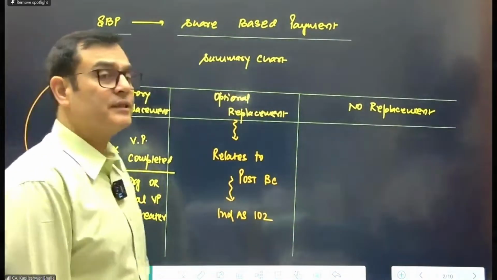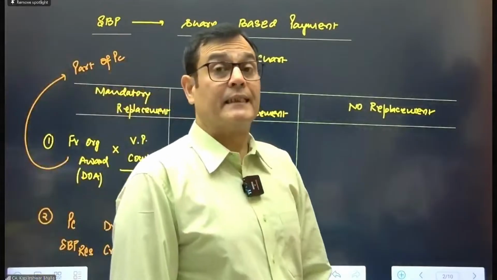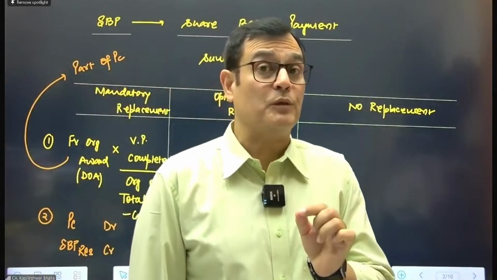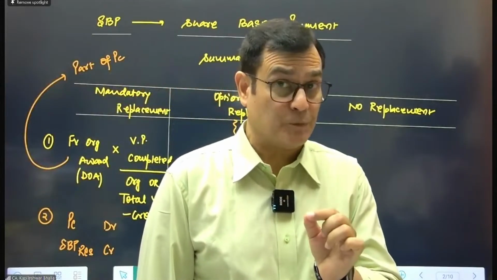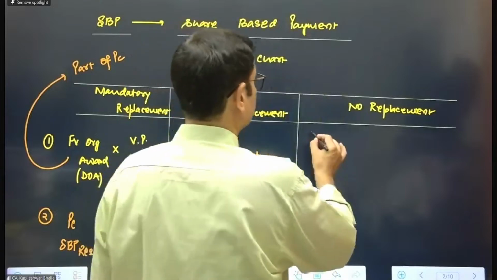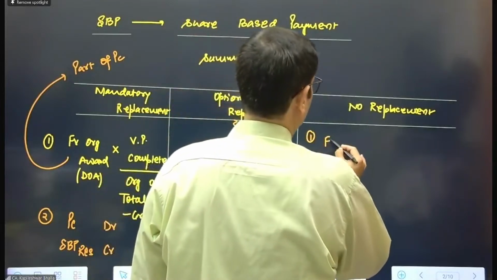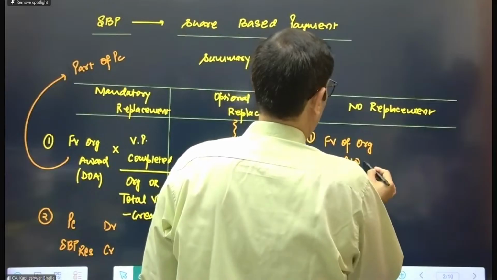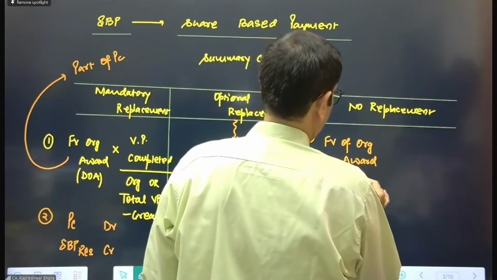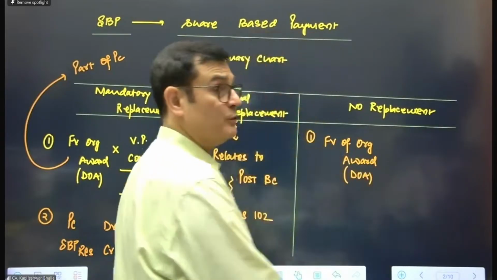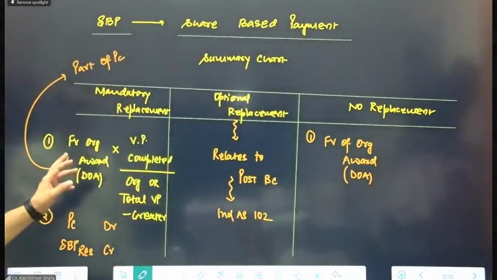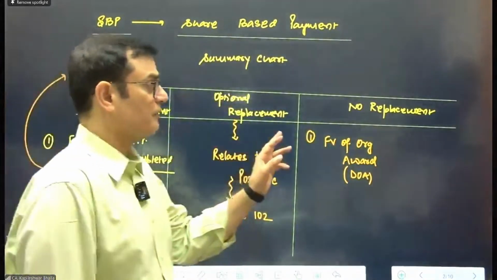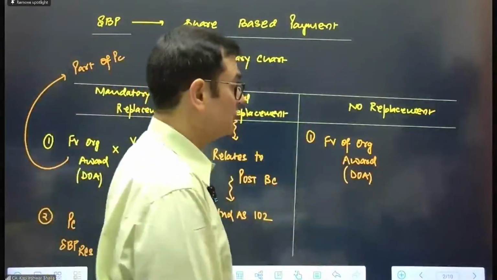Then comes the case when there is no replacement. In this particular case, the calculations are similar to the mandatory replacement. Again, we will consider the fair value of the original award on the date of acquisition, absolutely similar to what we have done in a mandatory replacement.